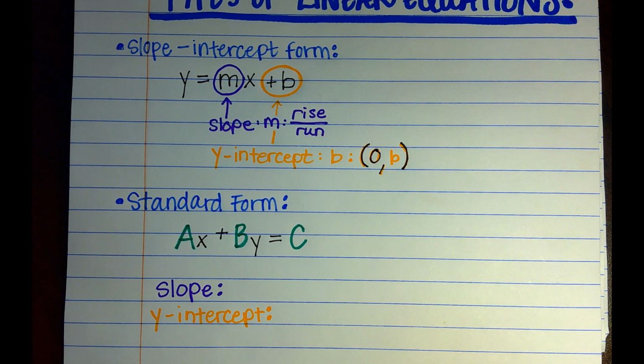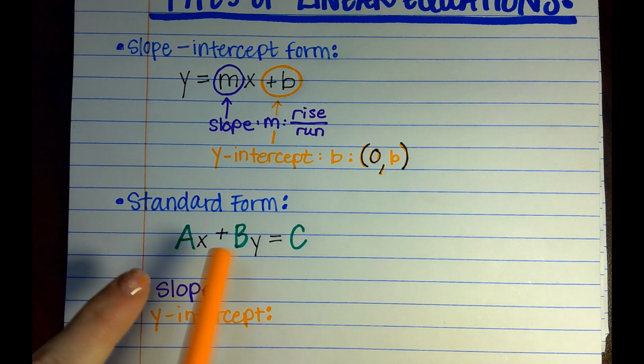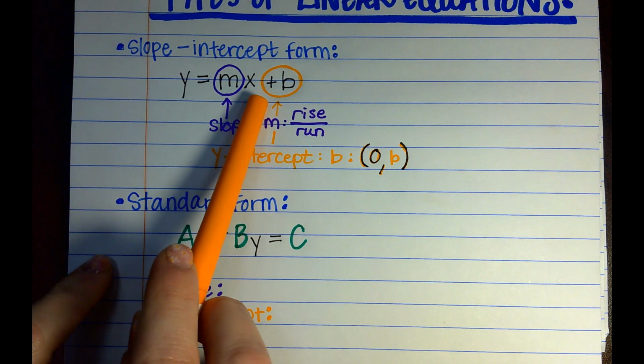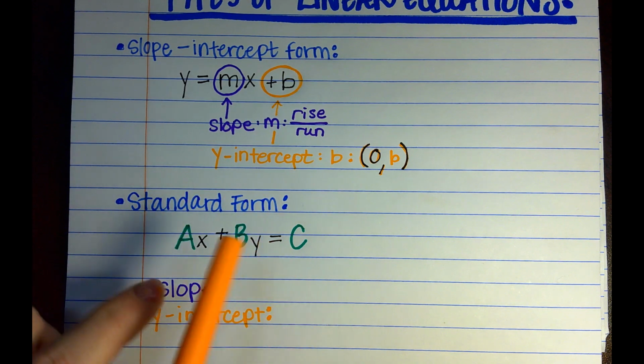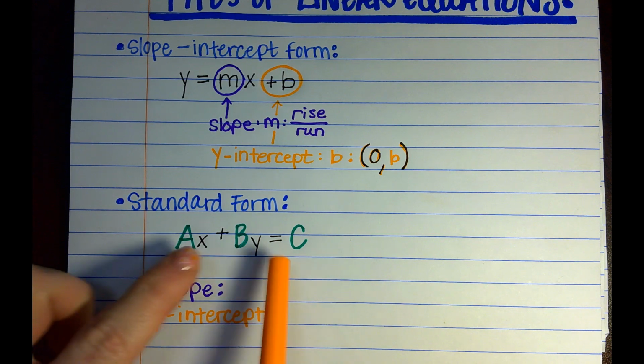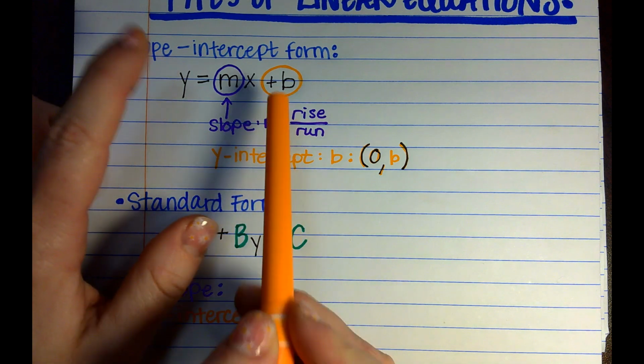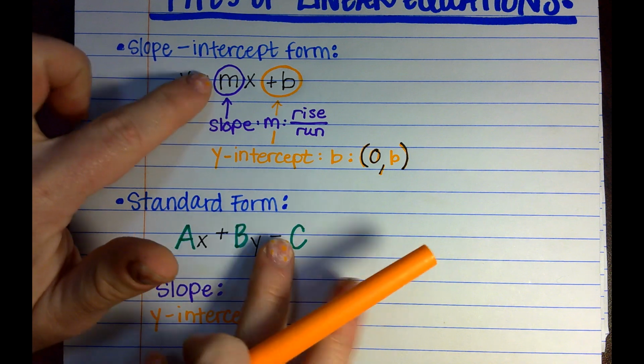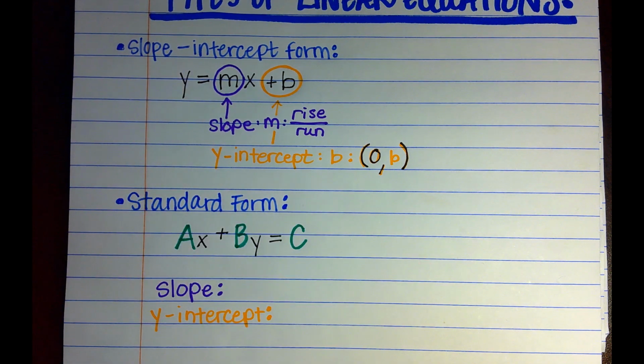So I'm not sure how much experience each of you have with rearranging equations, but these two equations, the y equals mx plus b and the ax plus by equals c, we do have the same variables here. We have x and y. We have x and y. These are just rearranged versions of each other.